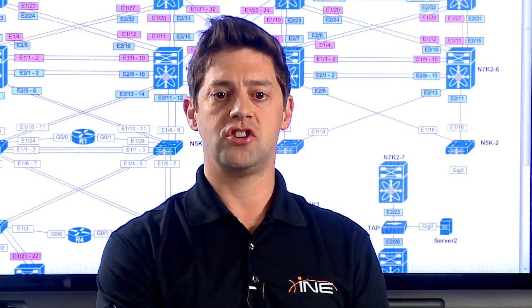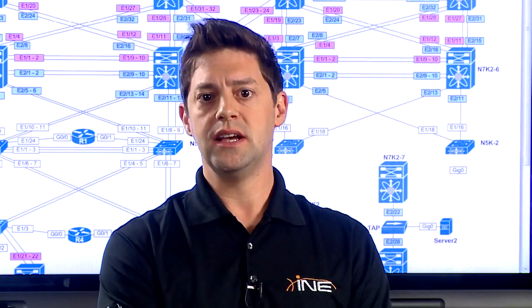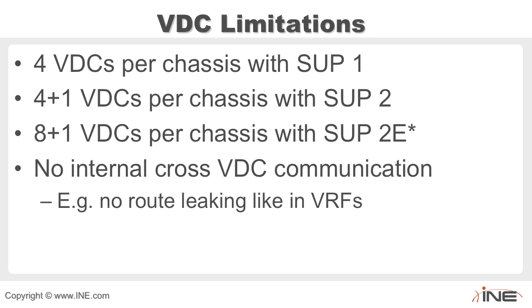Now, we already mentioned this, there's no internal cross-communication between VDCs. So there is no route leaking like we might experience in VRFs. If we have control plane separation in a router VRF or even in a Cat 6500 and VRFs, we can route leak, or we can route out to the global table.